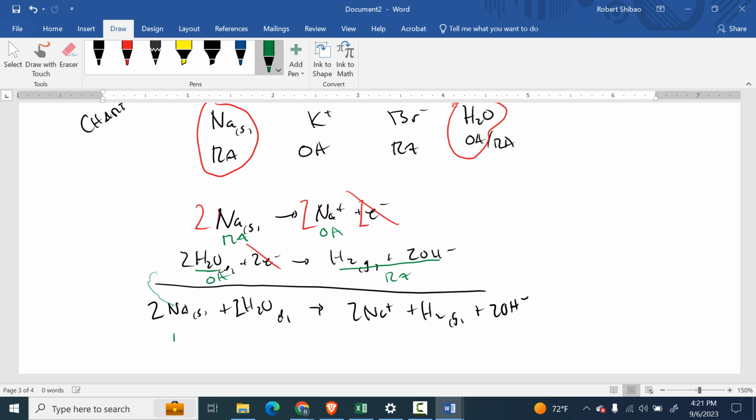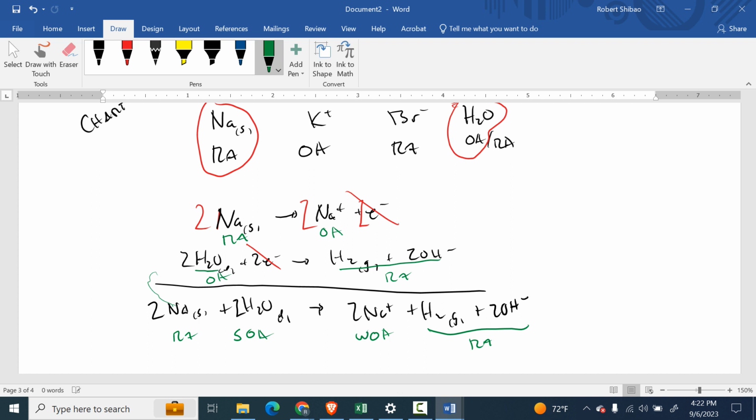Then we look, are we going to get a reaction here by comparing the strengths? And so you tell me, do we get a reaction or no reaction? There's a reaction.